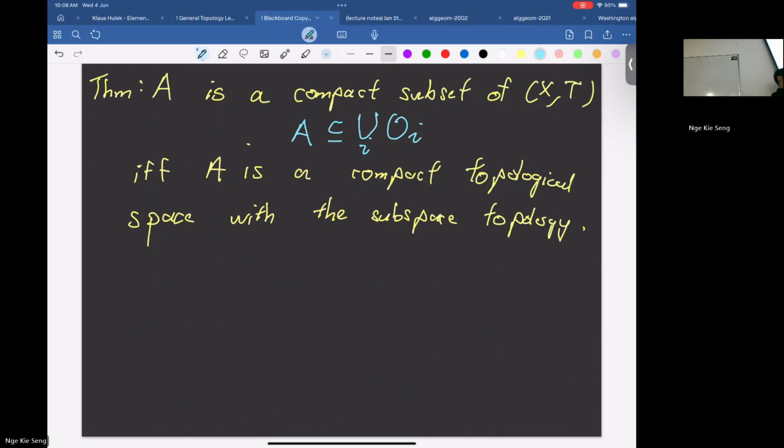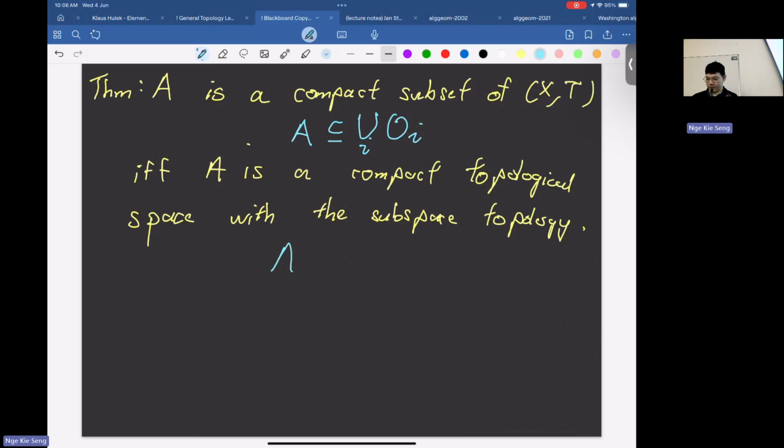How is it open inside a subspace topology? The keyword is intersection. You need to take your open set in your topological space and intersect it with your subspace. These are the open sets inside A, as a subspace topology here.